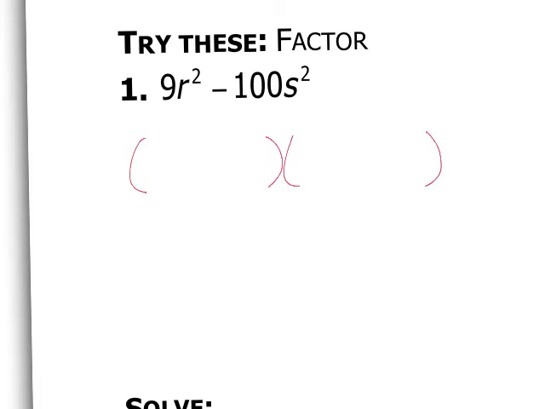What 2 things would I have to multiply together to get 9r squared? 3r and 3r. And I could figure that out by a square root if I needed to. What would be the last 2 pieces that I have to multiply together to get negative 100s squared? Positive and negative 10s. So plus 10s and minus 10s.